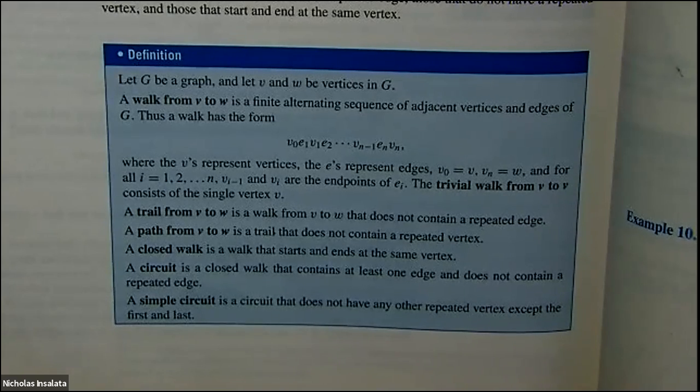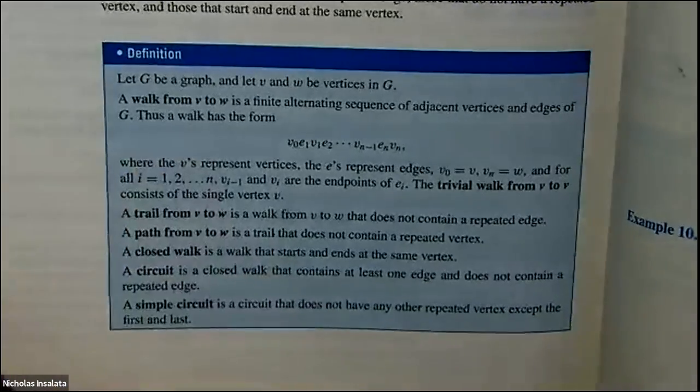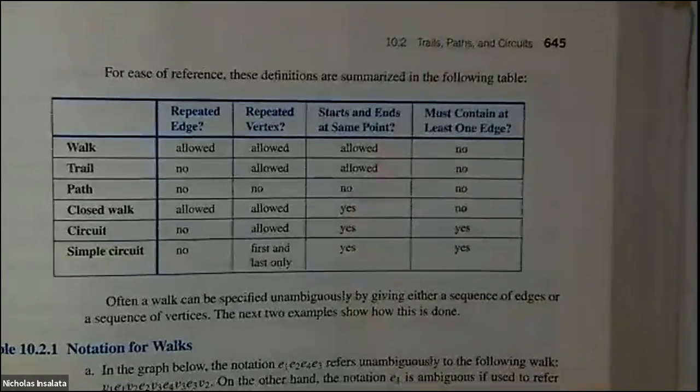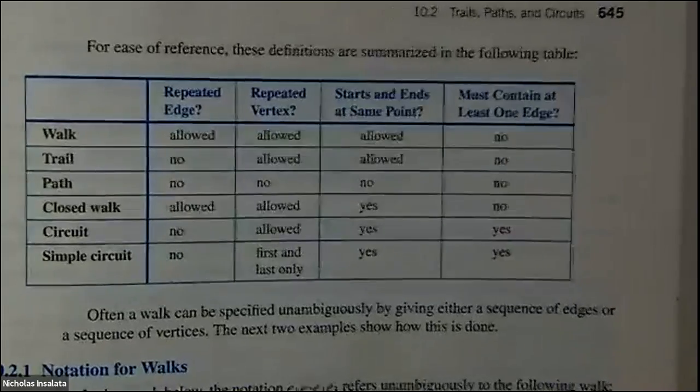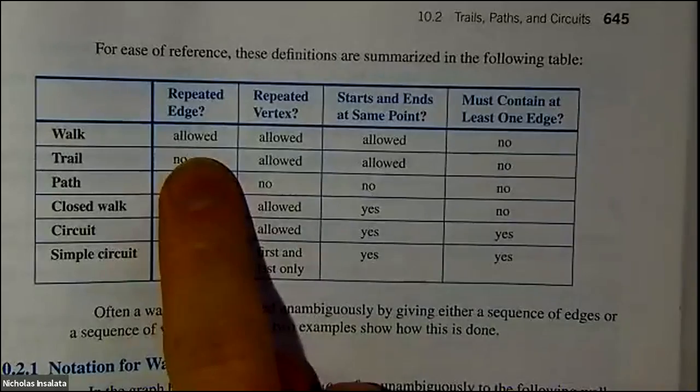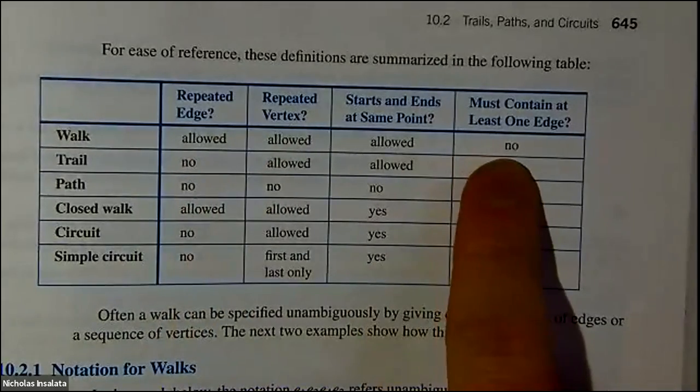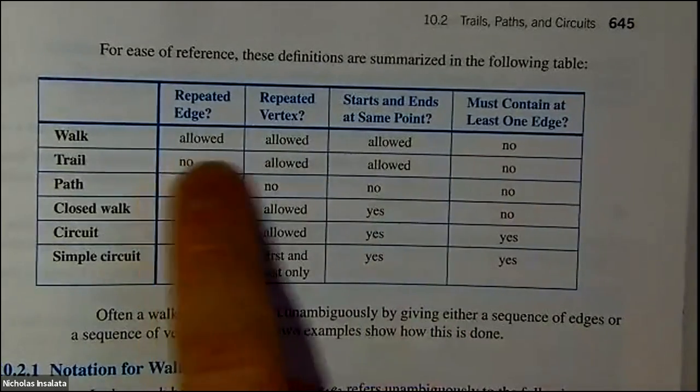So great. Maybe we should go over the table real quick, and then I think we'll call it for today. So here's a little table of what all the things mean. Okay, so a walk, you're allowed to do whatever you want, right? You don't have to contain anything, everything's allowed.